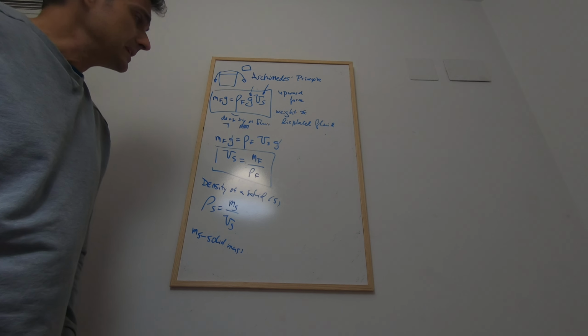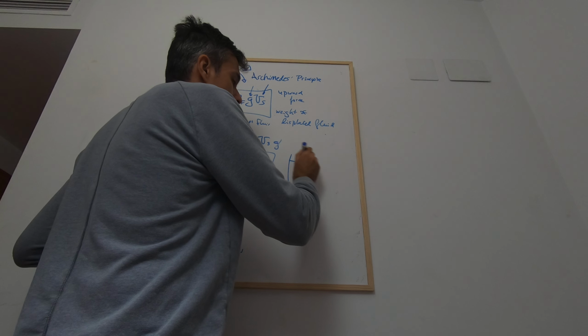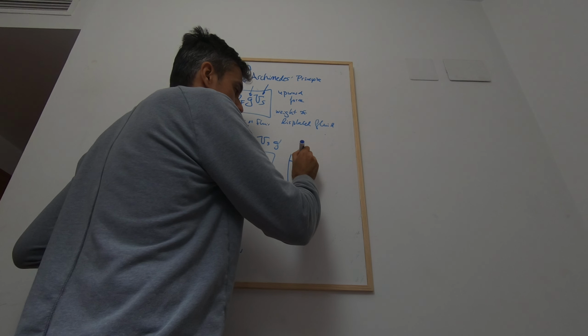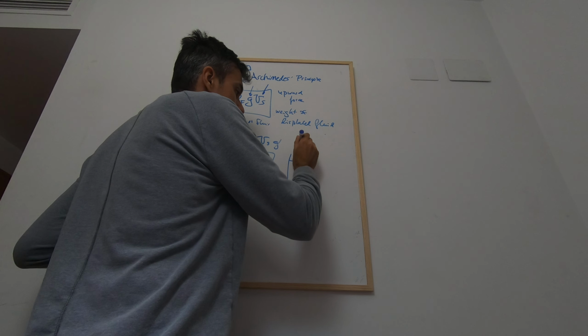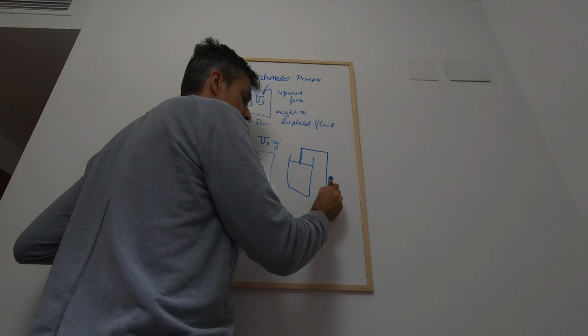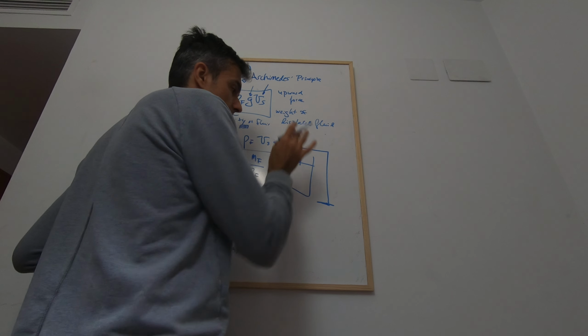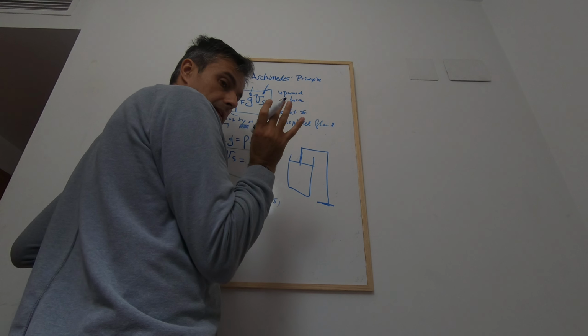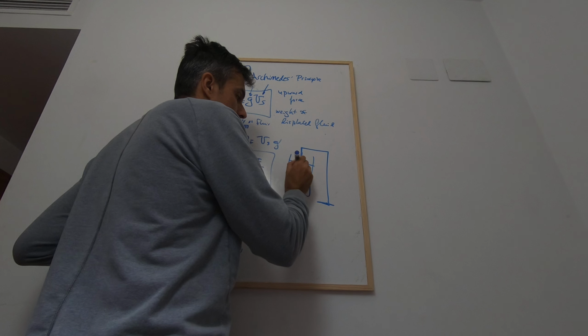Okay, we need to put the solid underwater and measure the mass of displaced fluid. To do this, the easiest way is to hang it from a string, so the weight is compensated. You get it out from the equation. You put the solid, which can be like a human body, okay?